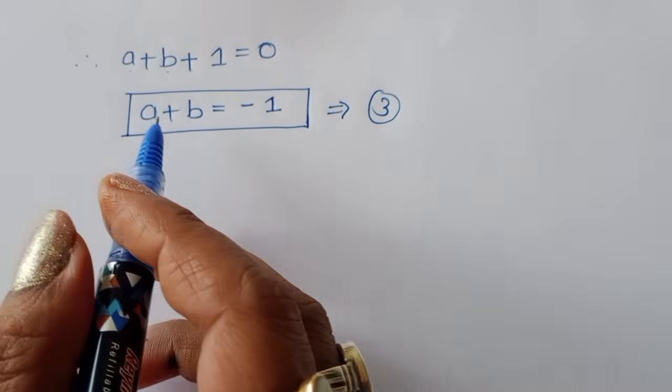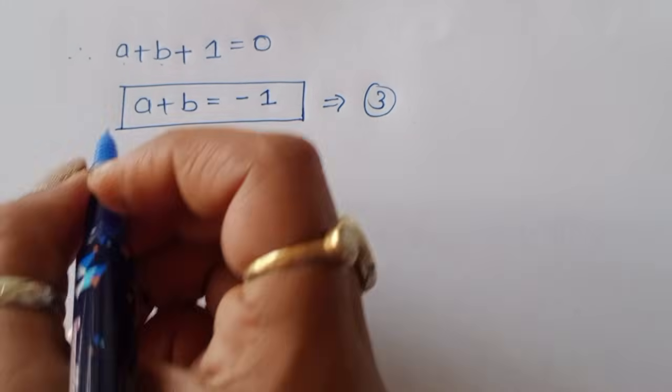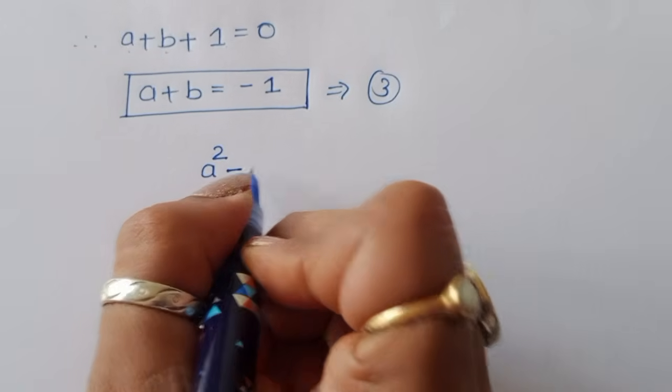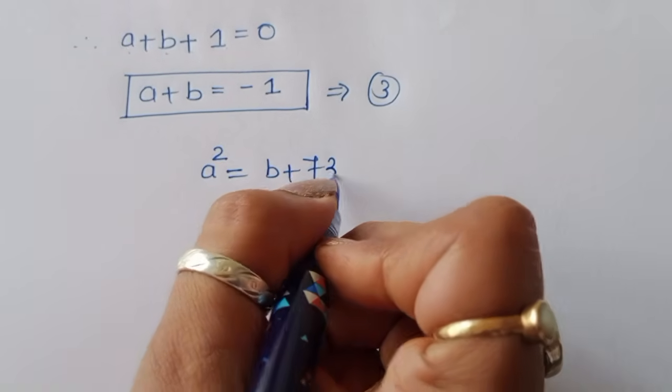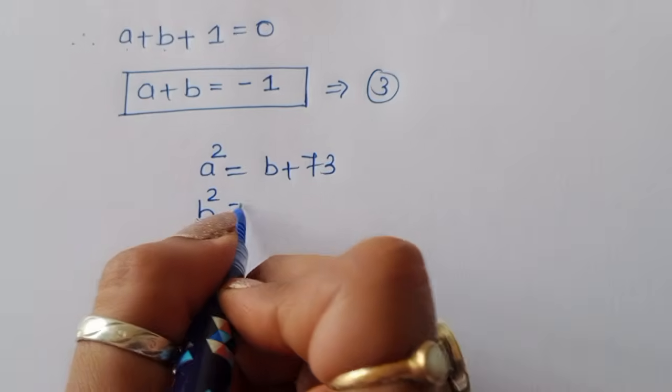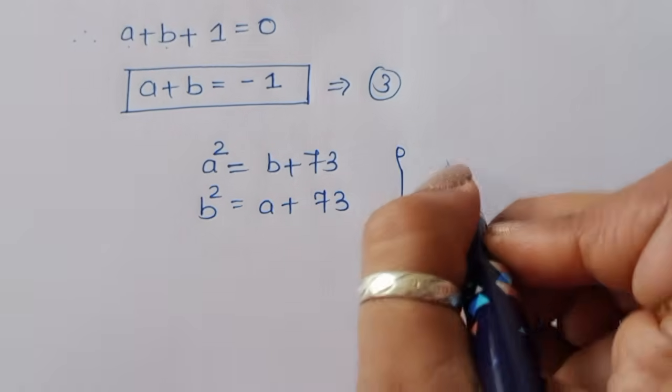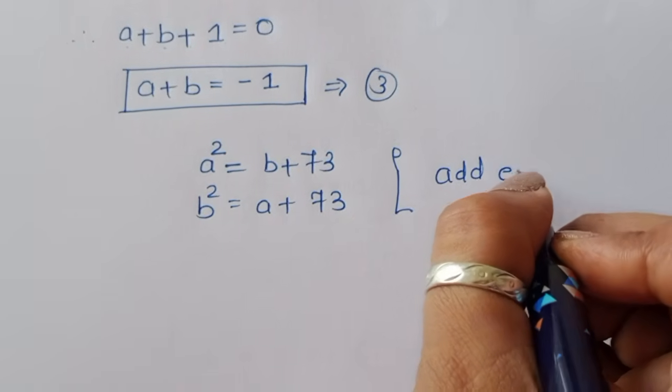Now we have to add equation 1 and 2 given in the question. Equation 1 is a square is equal to b plus 73, and b square is equal to a plus 73.